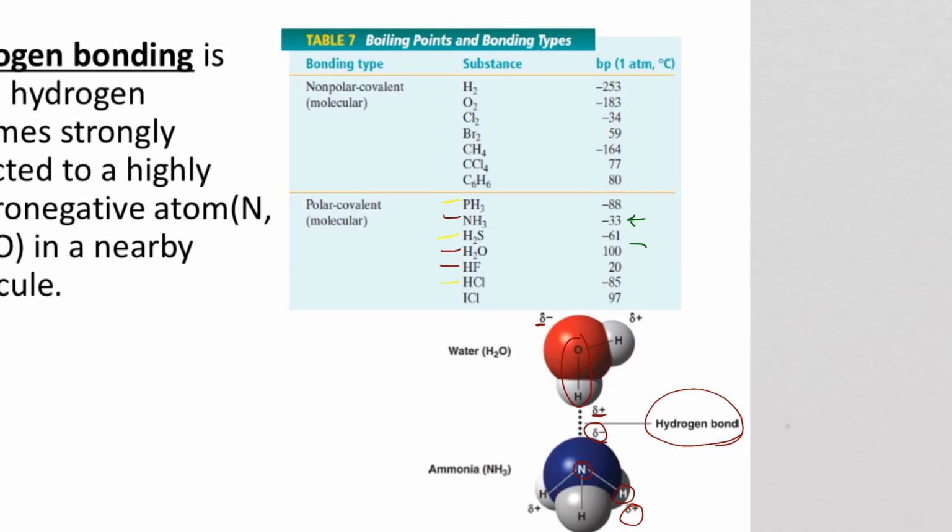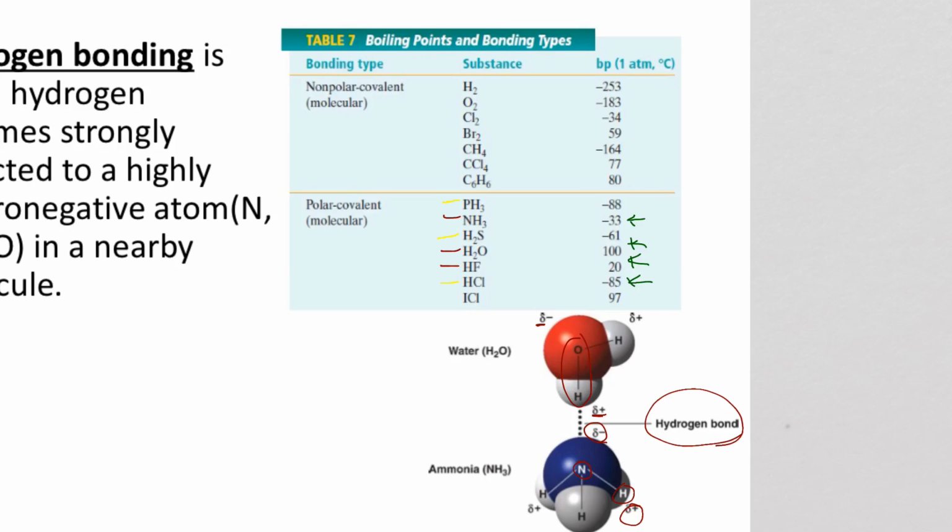Look at water. Water, lighter, boils at 161 degrees centigrade higher than H2S, which is heavier. Same for HF, hydrogen fluoride. Because of those hydrogen bonds, its attractive forces are way stronger than something like HCl. So those attractive forces can have a huge influence.